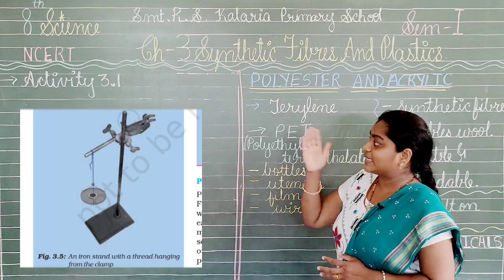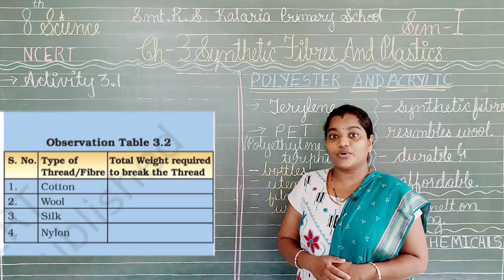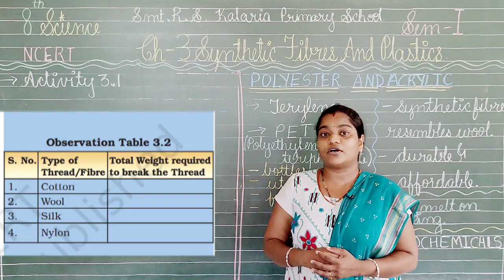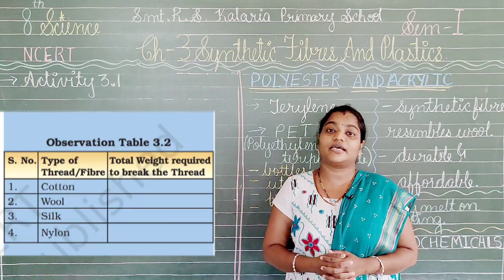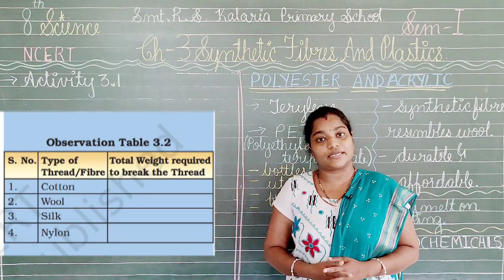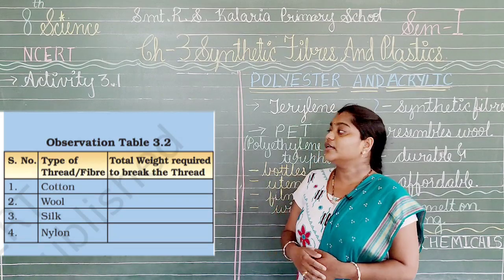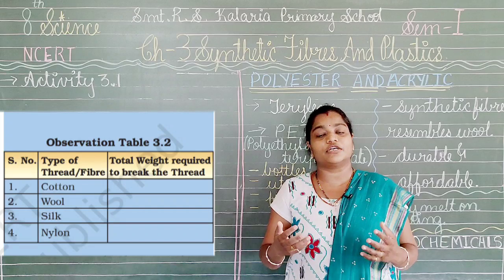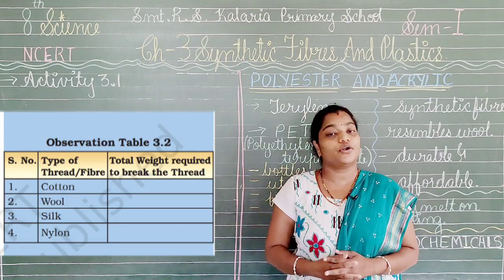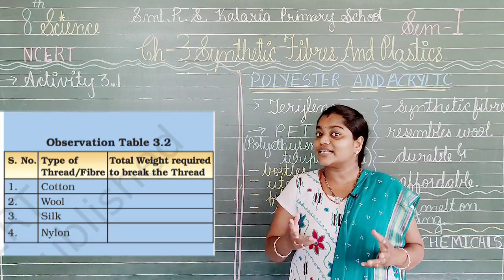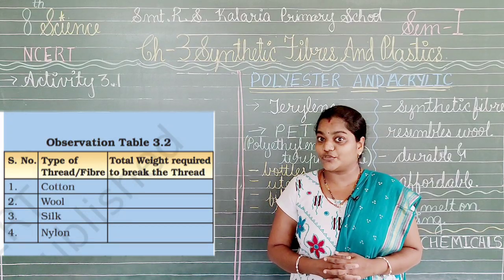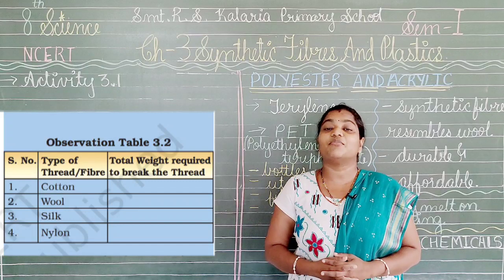Now as you can see in this table, you have a list of a few of the fibers or threads. They are either natural or synthetic, including wool, nylon, rayon, and any thread that you can find at home. This is your assignment to do at home, and try to find out which one is the strongest among all these.